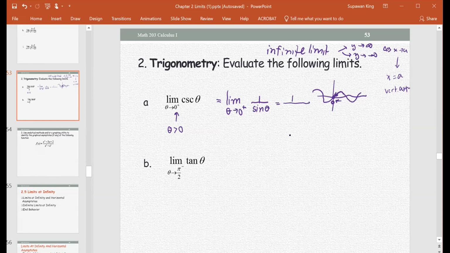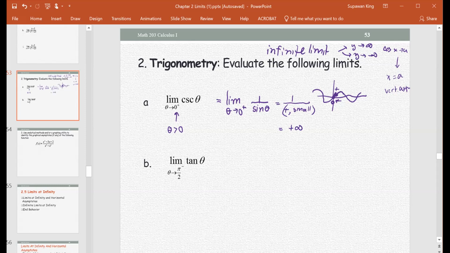The graph is approaching the value 0. What's the sign? The sign is going to be plus, because it's the positive side of the graph. So it's positive and very, very small. 1 divided by a very small number gets a very, very large quantity, but with a plus sign. Therefore, the limit of the cosecant theta is positive infinity.